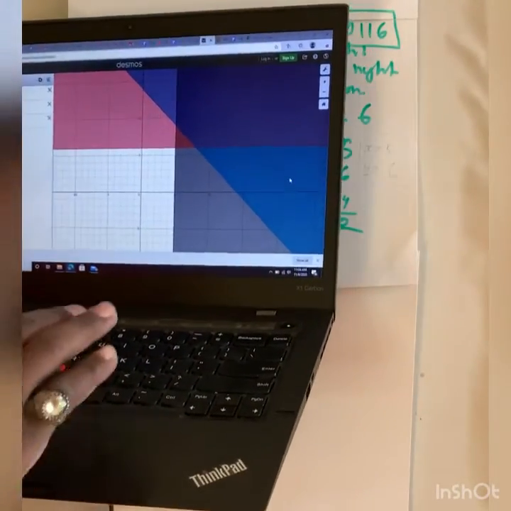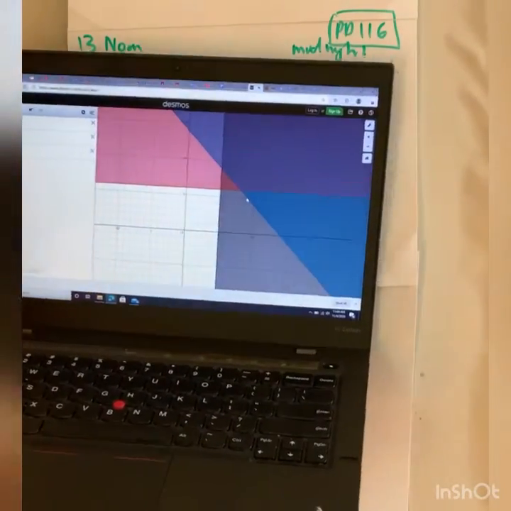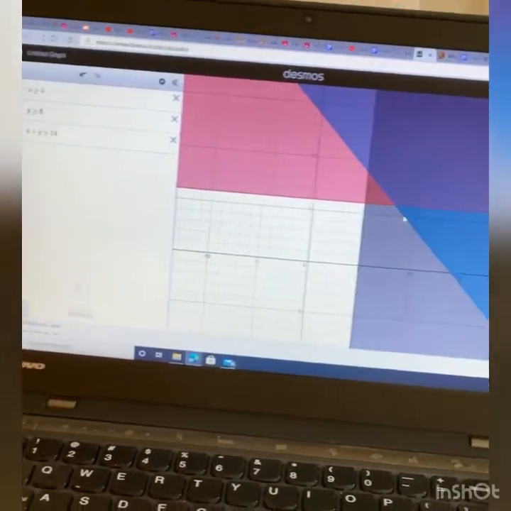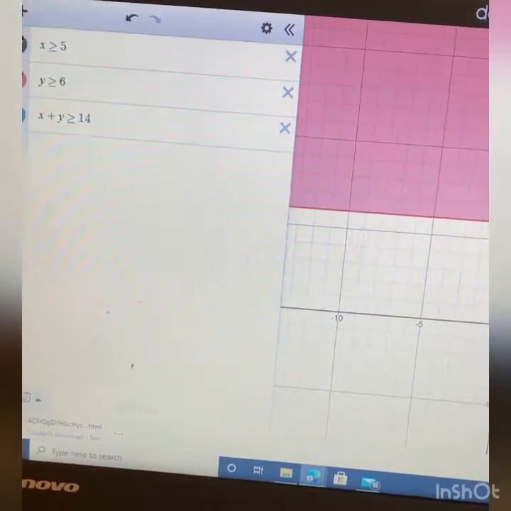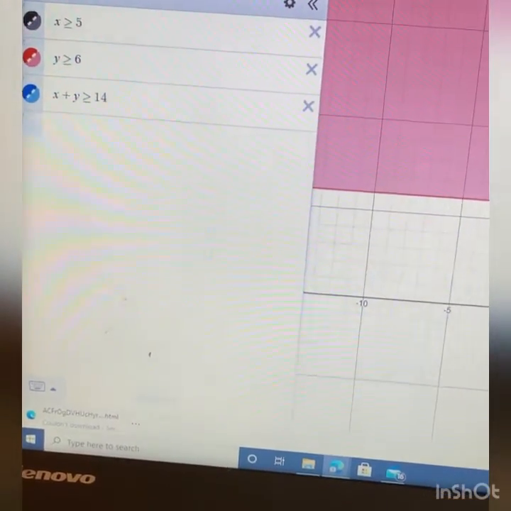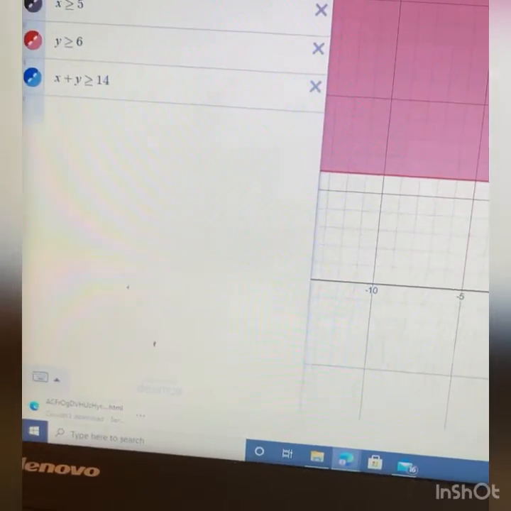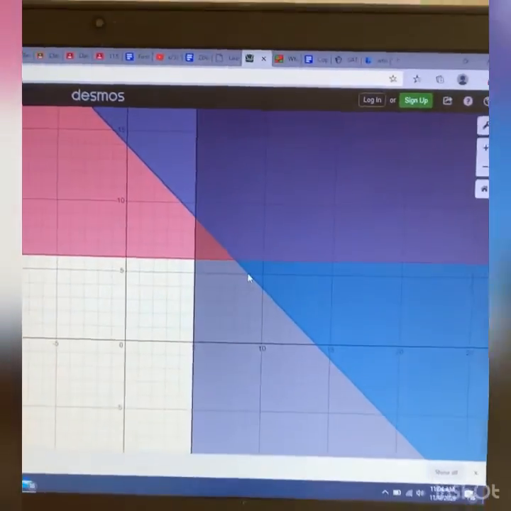But when I use the computer, there's an app called Desmos. In Desmos I've already graphed them: X is greater than 5, Y is greater than 6, and they say X plus Y is greater than 14. So this is my graph.